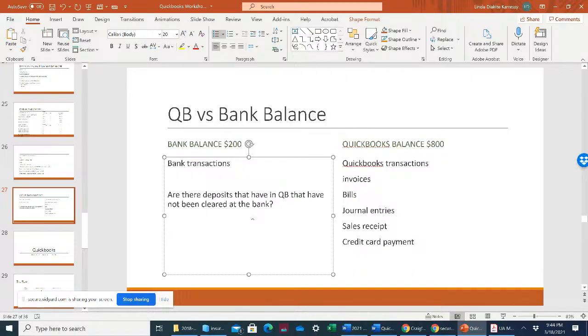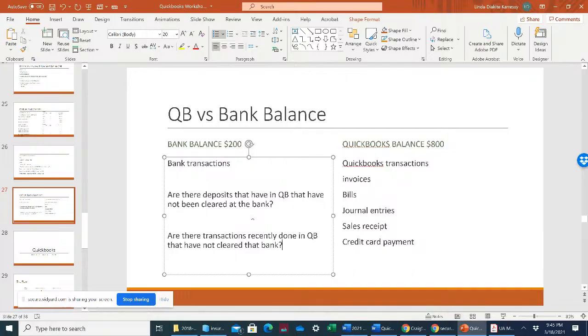So there could be deposits that have not cleared the bank. That could be a reason why. Also, you can just say to yourself, are there transactions recently done in QuickBooks that have not cleared the bank?